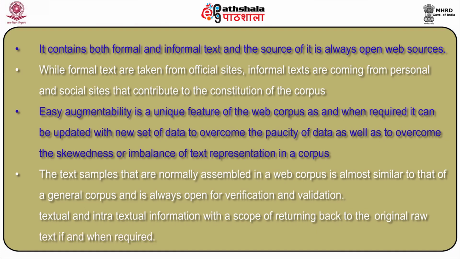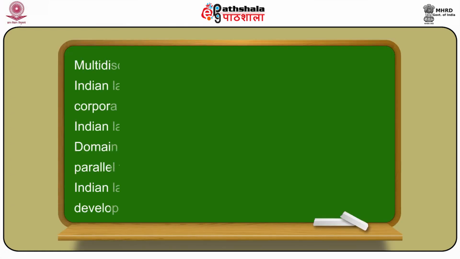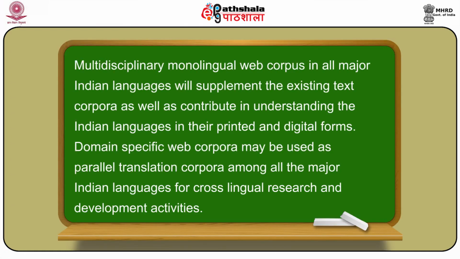The text samples that are normally assembled in a web corpus are almost similar to those of a general corpus, and these are always open for verification and validation. Since texts are normally obtained from freely accessible websites and home pages, one can verify at any point of time the validity of text data just by referring to the website or the source of the data.